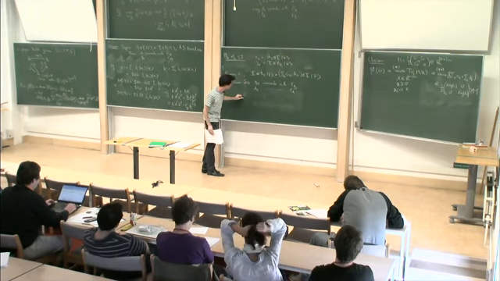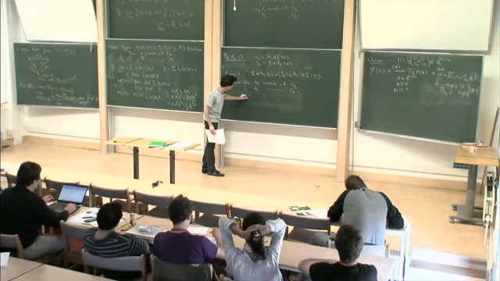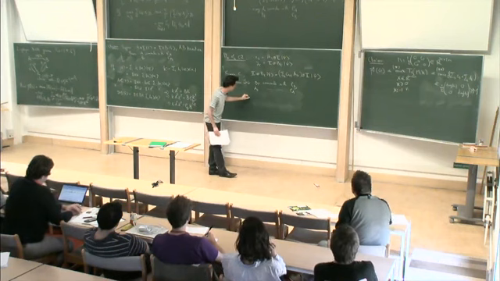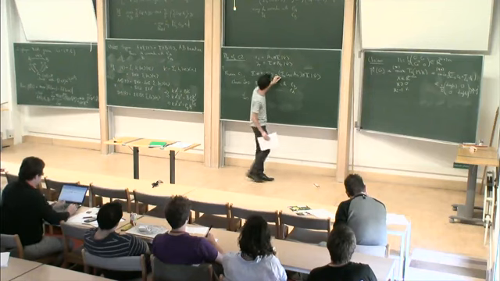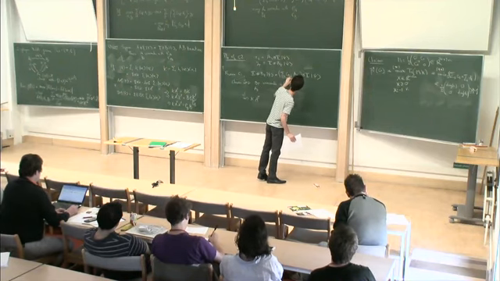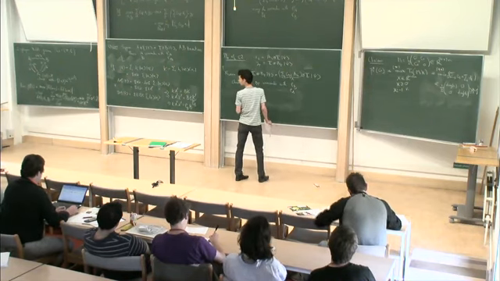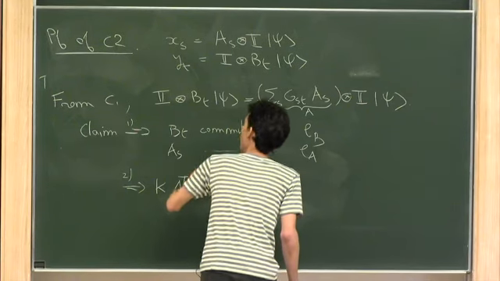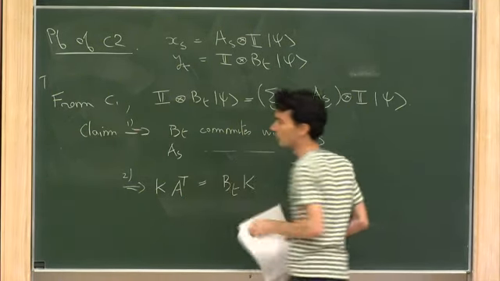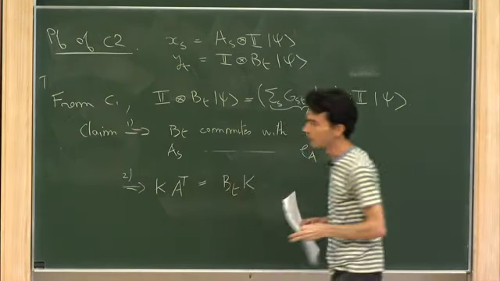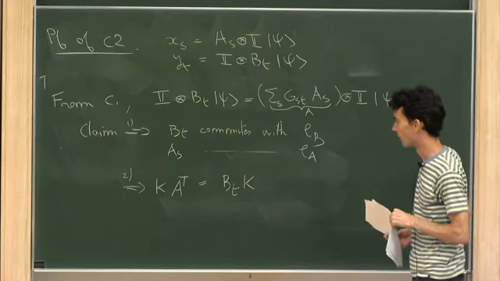And then the second thing I can use it for, just using the formalism, is to say that K A transpose, where I'm using A to denote this thing here, is equal to BT times K. I'm just doing exactly the same thing as before, but now I have specific matrices in mind.